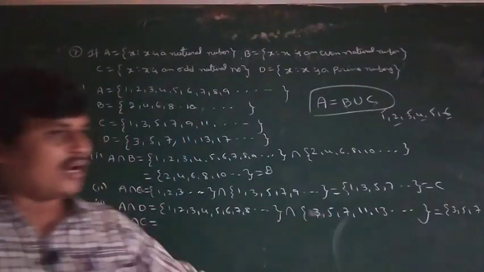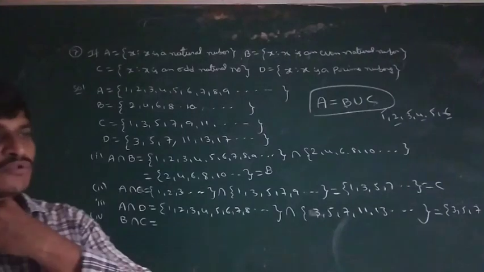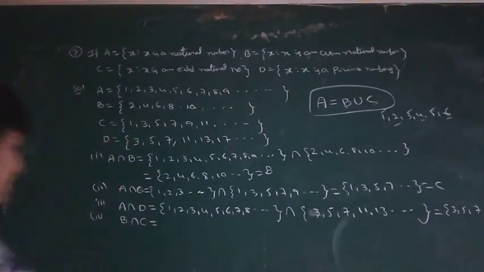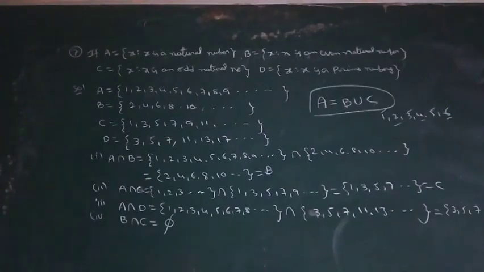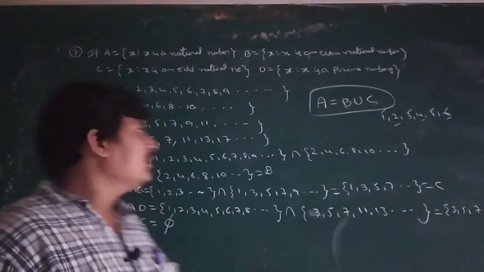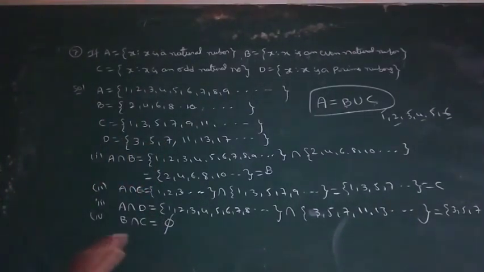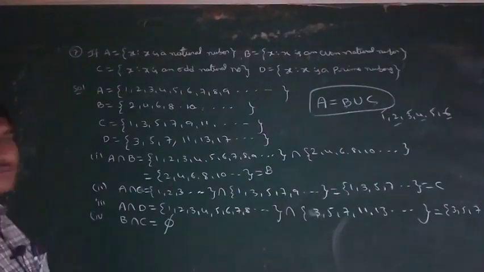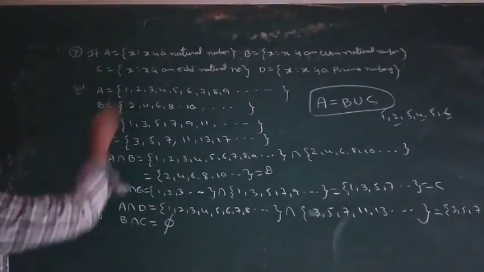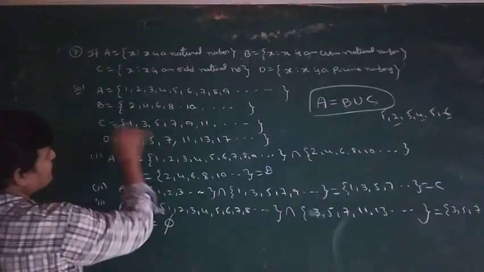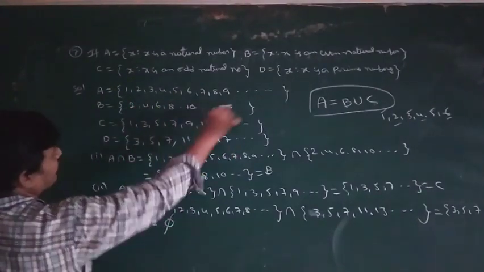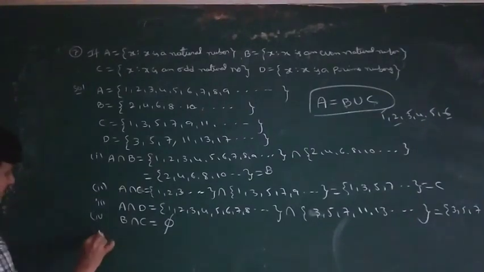Even numbers and odd numbers have no common element. Listen, 1 no, 2; 3 no, 4. There is no even number that is odd. So the intersection is phi.